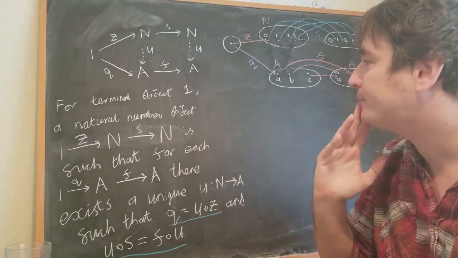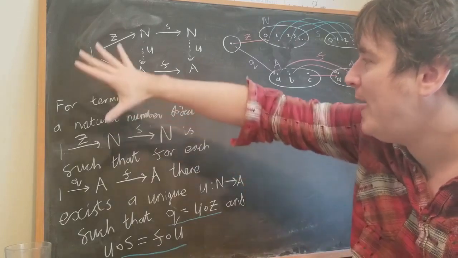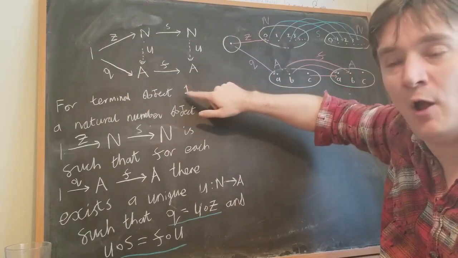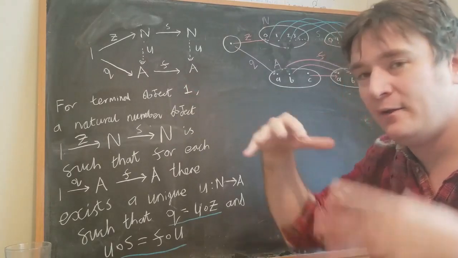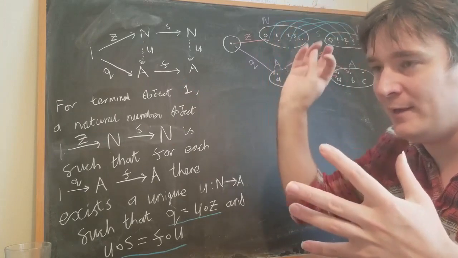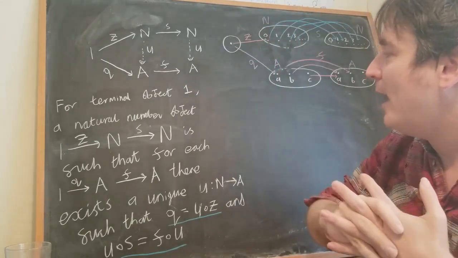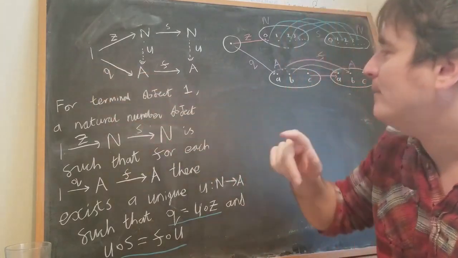Okay, so let's begin. We're assuming we have a category, and that it has a terminal object. Recall that a terminal object is an object that has exactly one arrow into it from any object. We're denoting this terminal object as 1 here.